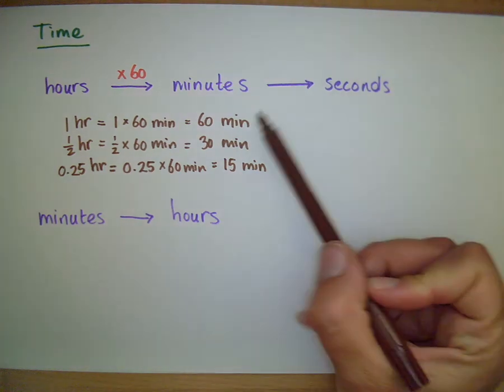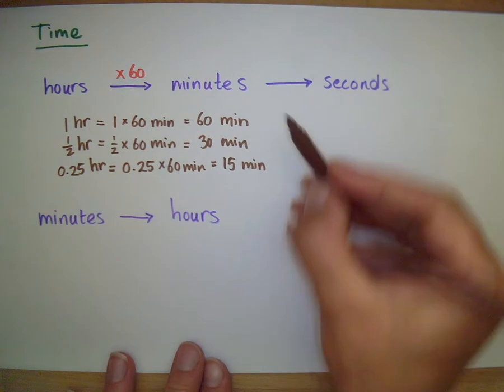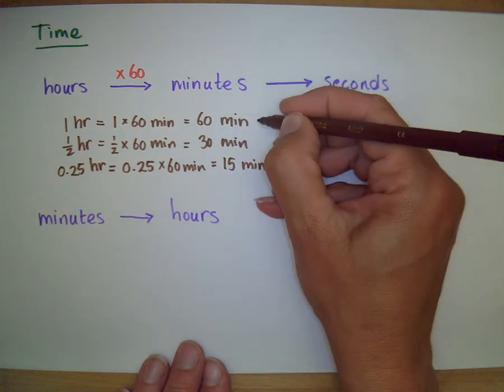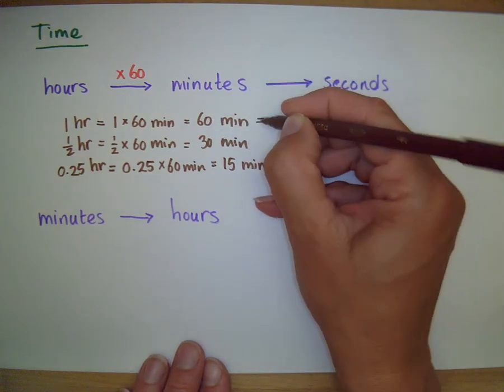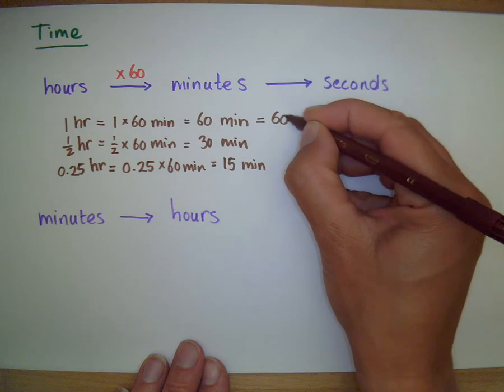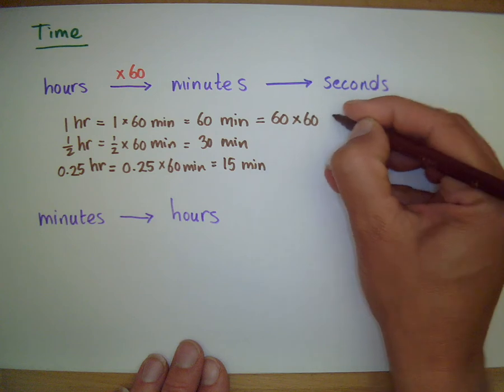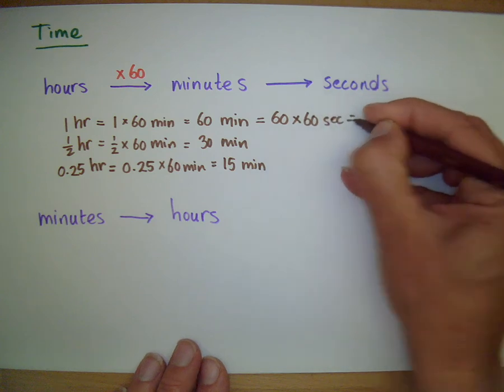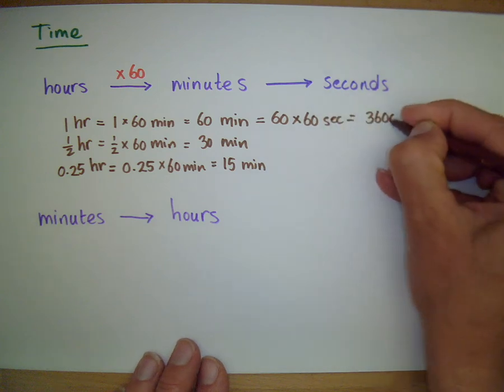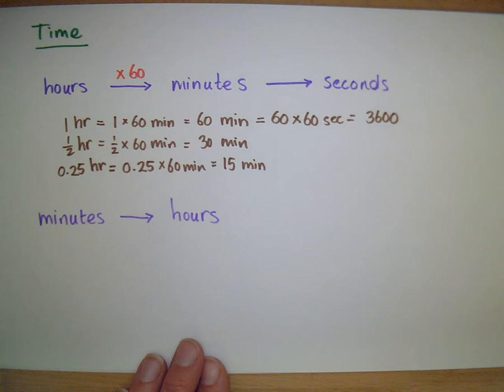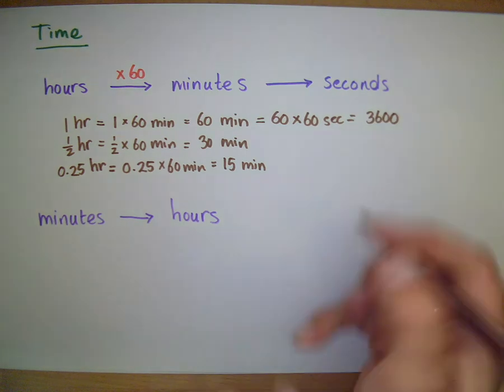We could even go from minutes to seconds, right? 60 minutes. How many seconds is that? Well, it's 60 minutes, and each minute has 60 seconds, so 60 times 60 seconds, which is 3,600 seconds.